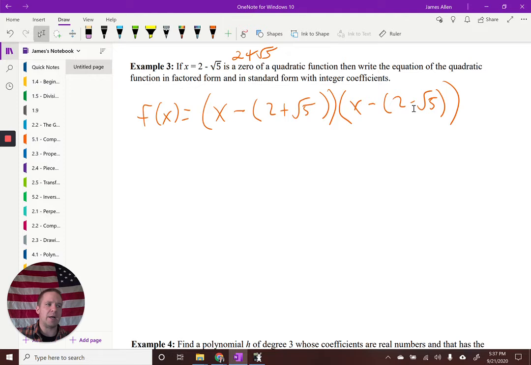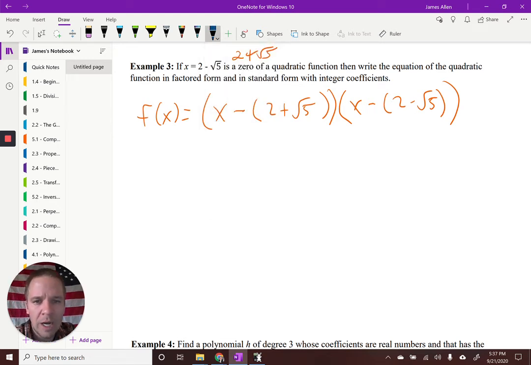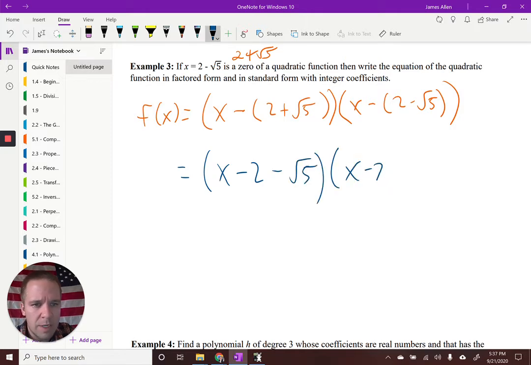So we're gonna clean it up actually a little bit. So what I like to do here is, I'll switch colors now for the bonus algebra, is I like to do a little bit of creative grouping here. First off, we're going to distribute that negative, so x minus 2 minus root 5, and then here will be x minus 2 plus root 5.